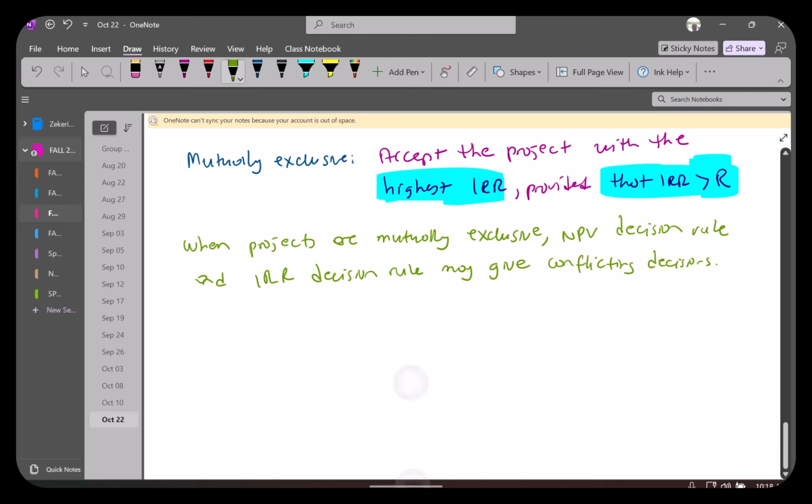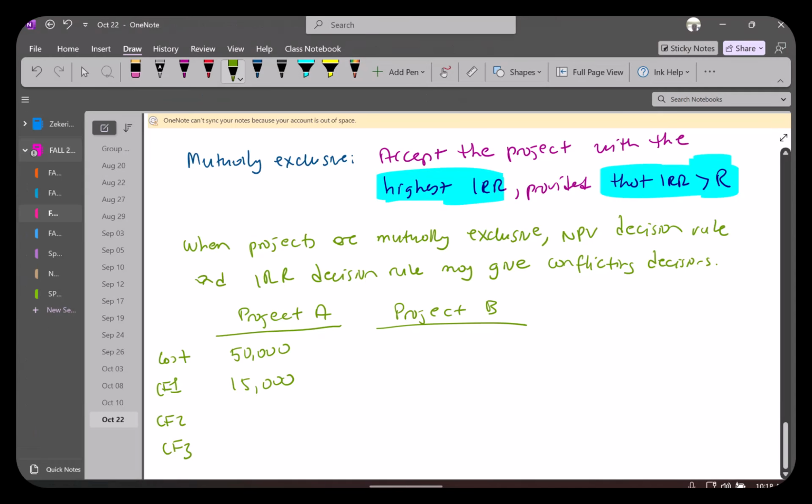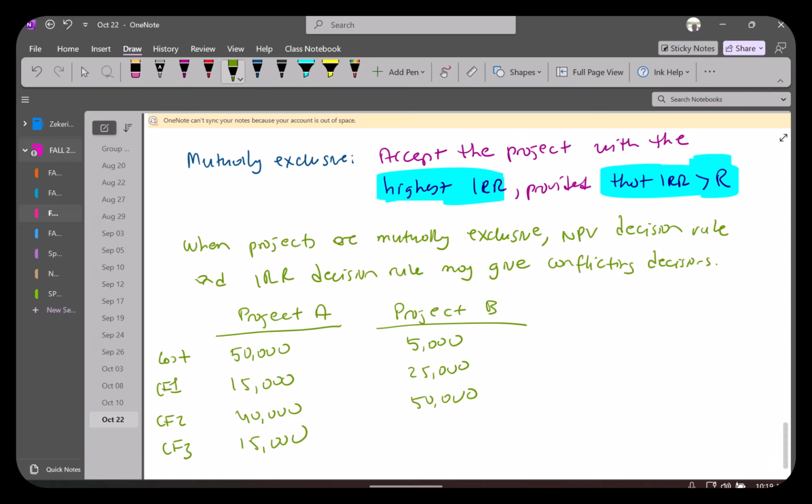Let's do an example. I'm going to make A to be this one, not 25.